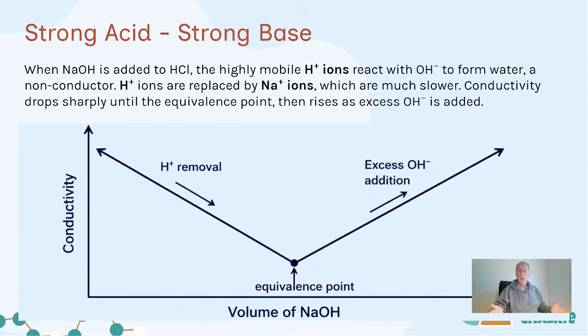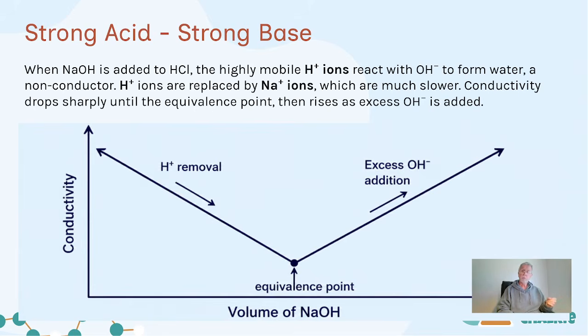They're not actually reacting with anything, but when they come in, they're effectively replacing those hydrogen ions. So you're seeing now obviously less conductivity, because as we saw a moment ago, the sodium ion conducts like a seventh as well as the hydrogen ion. So you're seeing a downward trend.